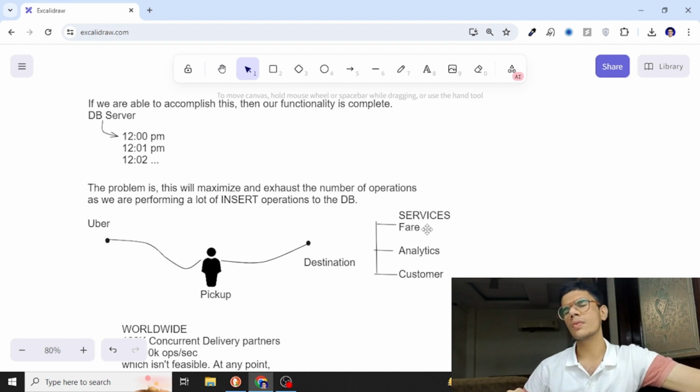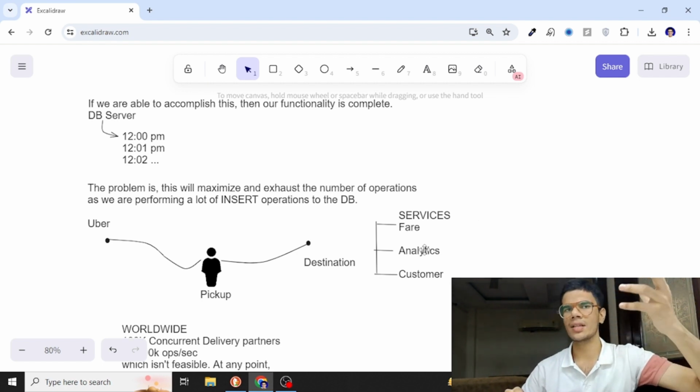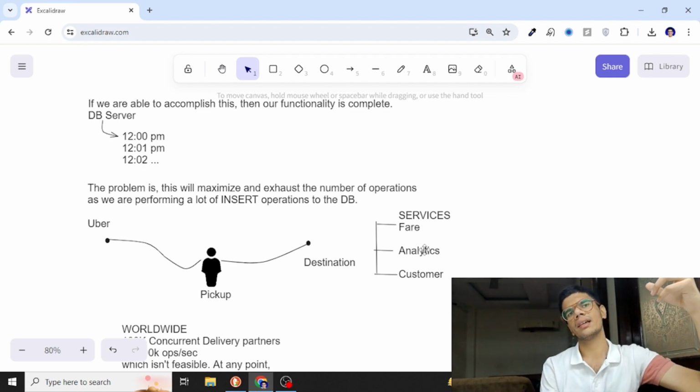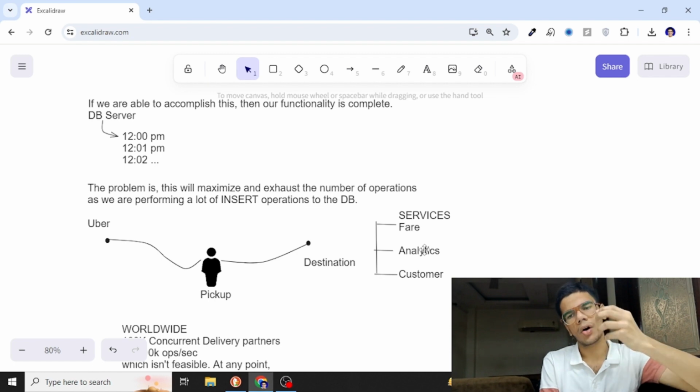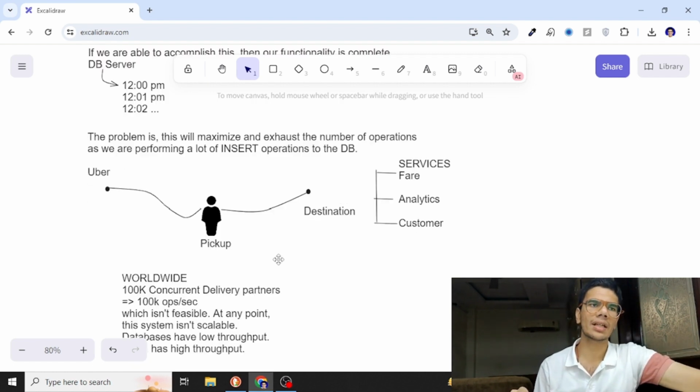One service will be the logic to decide the fare amount, another is maybe an analytics service, and the third is the customer service, which shows the customer all the metrics during the ride, and they'll have all the internal services as well.